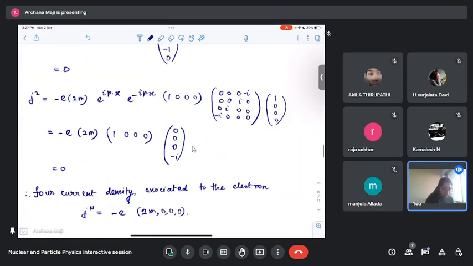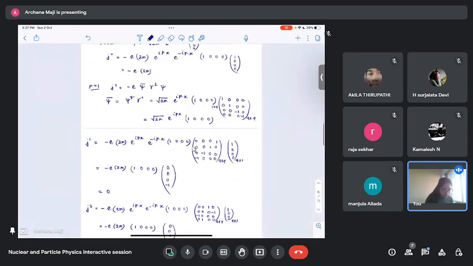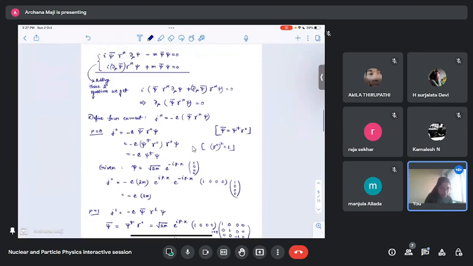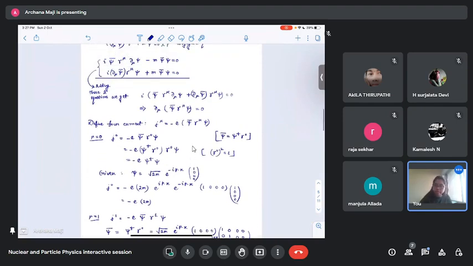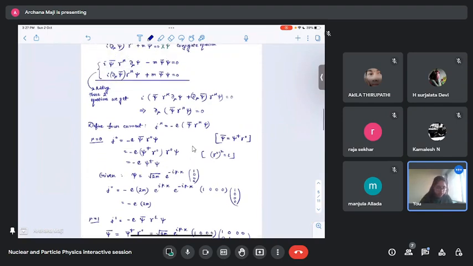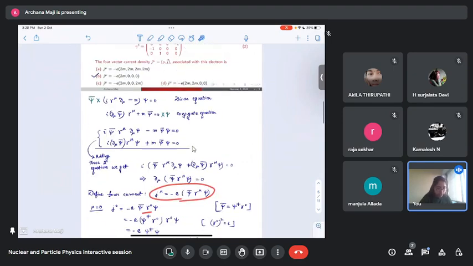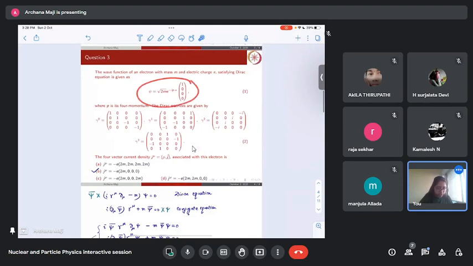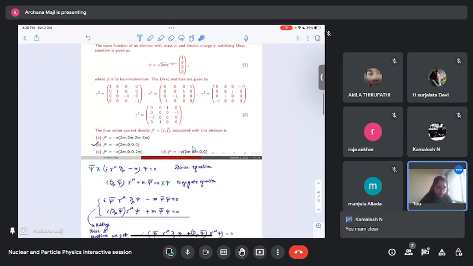Is this clear? Do you understand this solution, or should I repeat any part? We just need to know this definition and then use the Dirac matrices and the given wave function to compute all the elements.